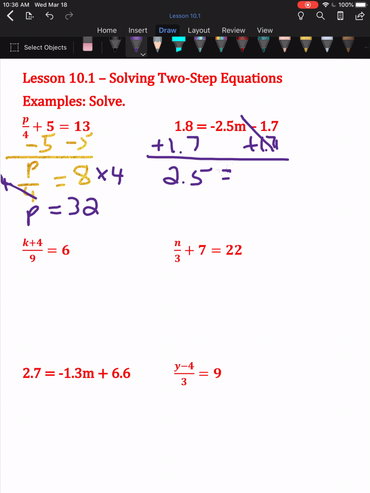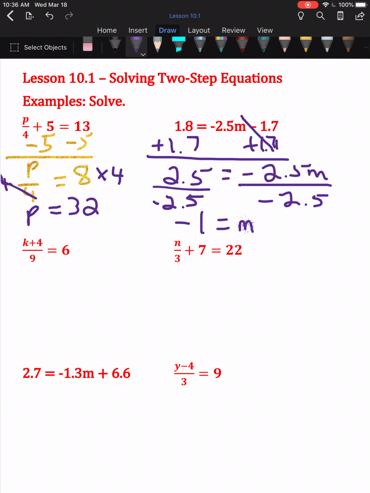And that's equal to the negative 2.5m. I have a number times m, so I will divide by negative 2.5. Positive divided by a negative is negative. Anything divided by itself is 1. And the right-hand side is m.